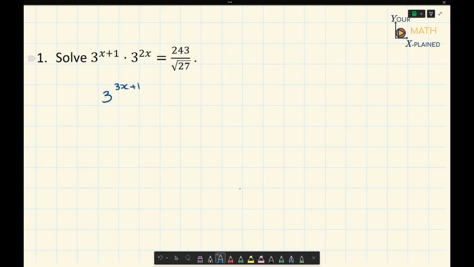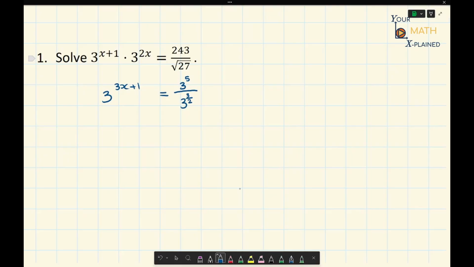And now the right-hand side, we have our numerator, which is 243. That can be rewritten as 3 to the power of 5. Now square root 27 can be rewritten as 3 to the power of 3, that would be 27, and then we need to divide the exponent by 2 because we have the square root there.